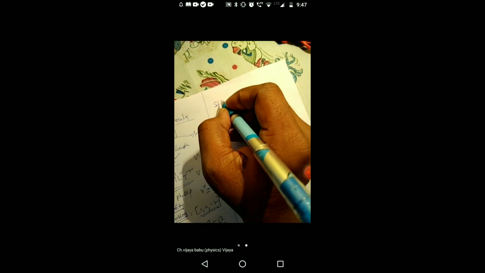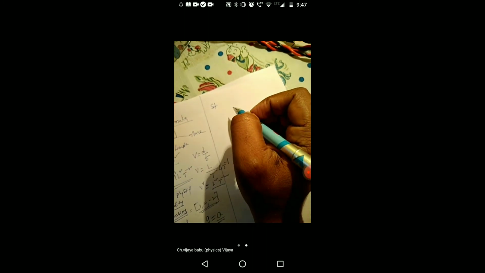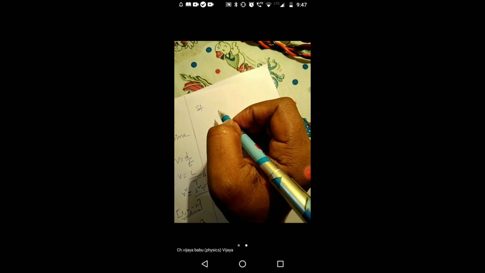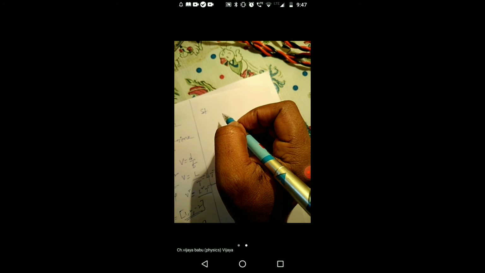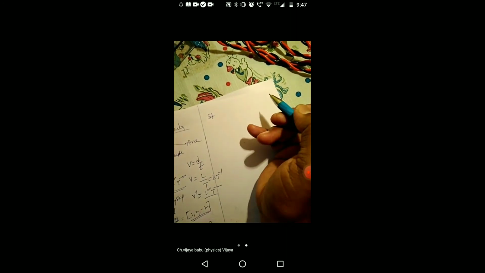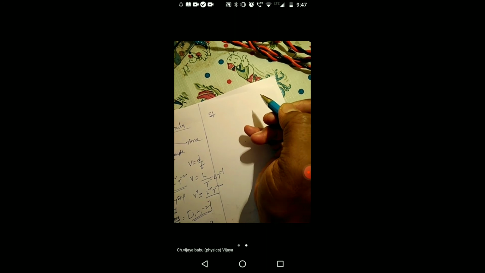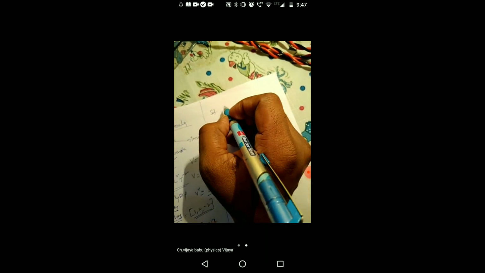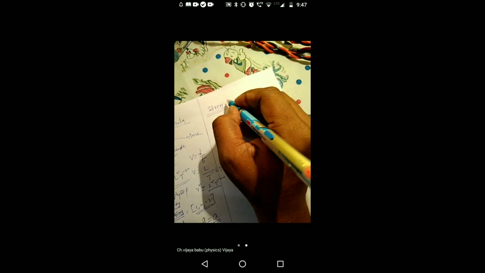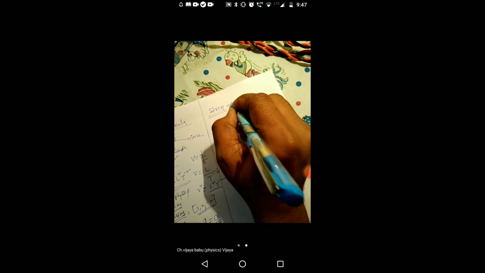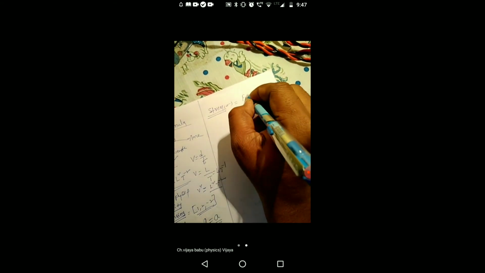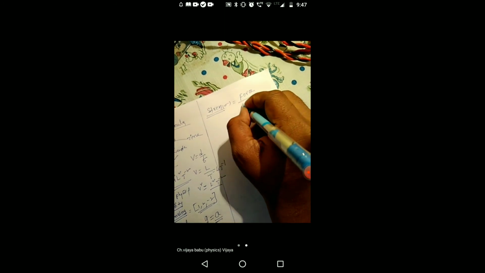See, stress is represented by letter sigma equal to force by area.